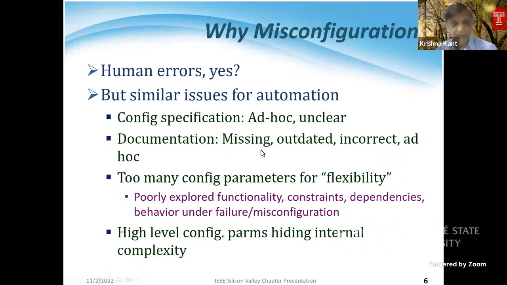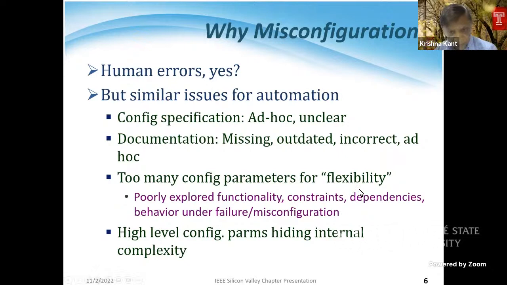Documentation, the state of documentation is rather bad, might be missing, outdated, incorrect, ad hoc. And then another problem that we see repeatedly is that when users design software, they put in a lot more parameters than what are really required.